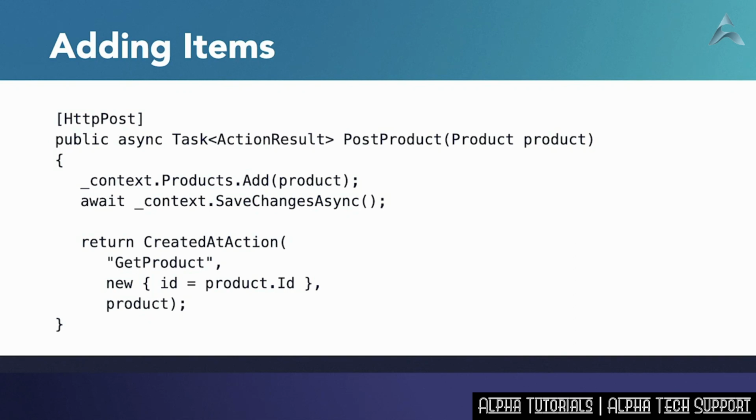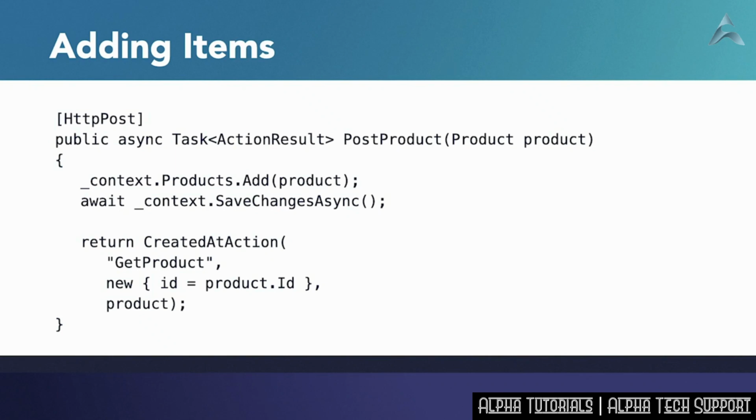So that's GetProduct. And that GetProduct call expects an ID. Remember, usually that's part of the route. So in the second argument to the CreatedAtAction method call, we are providing an anonymous object where we set the ID to the ID of the product that was just stored in the database. Well, and the third argument is the product itself.